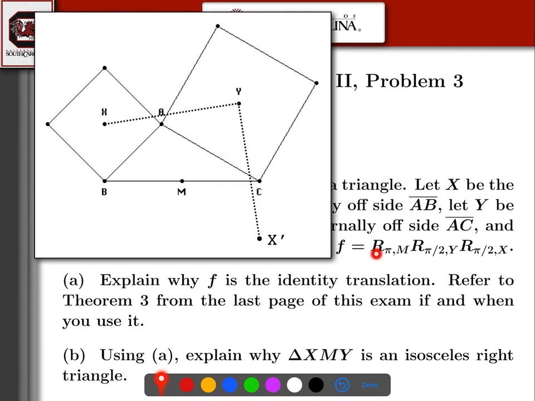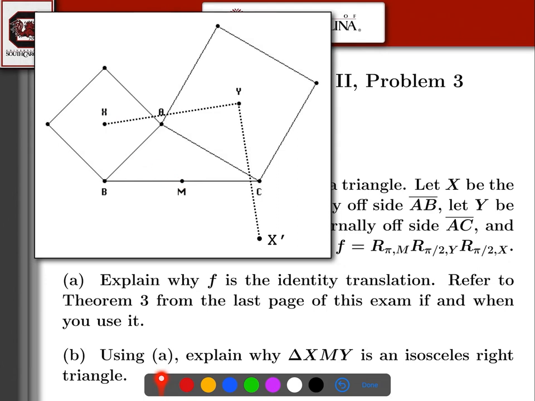So F of X has to equal X. X started here, didn't do anything, and then it went over here. And the last rotation I need to do has to take X prime back to X. So we want to rotate around M by pi for this last rotation. So that tells us that MX prime has to be MX.